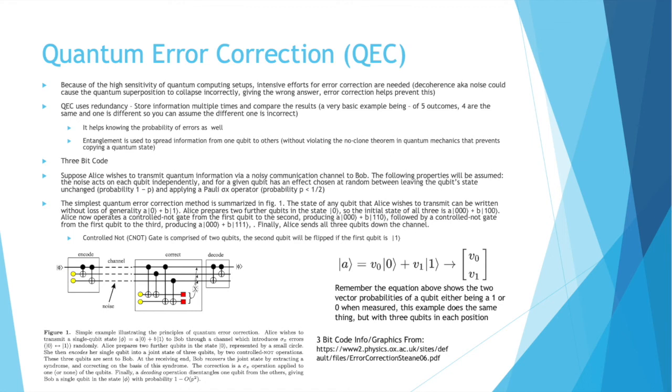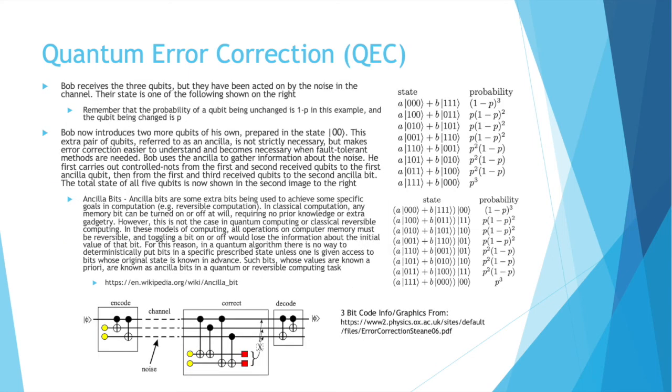One example of quantum error correction, QEC, is called 3-bit code. An example of this is that you have someone sending a message to someone else using qubits. By using 3 additional qubits, you are able to help ensure that the right information gets transmitted. You are left with probabilities about what is right and what is wrong, and by entangling your bits with 3 additional bits, you can help rule out incorrect information.